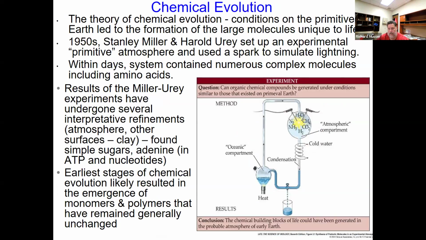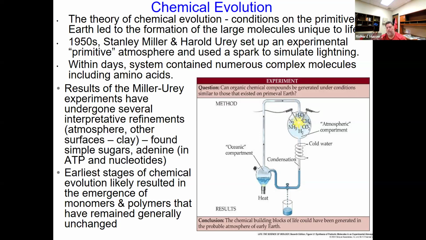Chemical evolution was the idea that the early Earth's atmosphere, before life existed, had been made up of things like water, methane, carbon dioxide, hydrogen, and ammonia. And then through natural forces like lightning and the temperatures on the planet, these compounds could join together to make simple biomolecules, like simple amino acids and simple lipid-like structures.